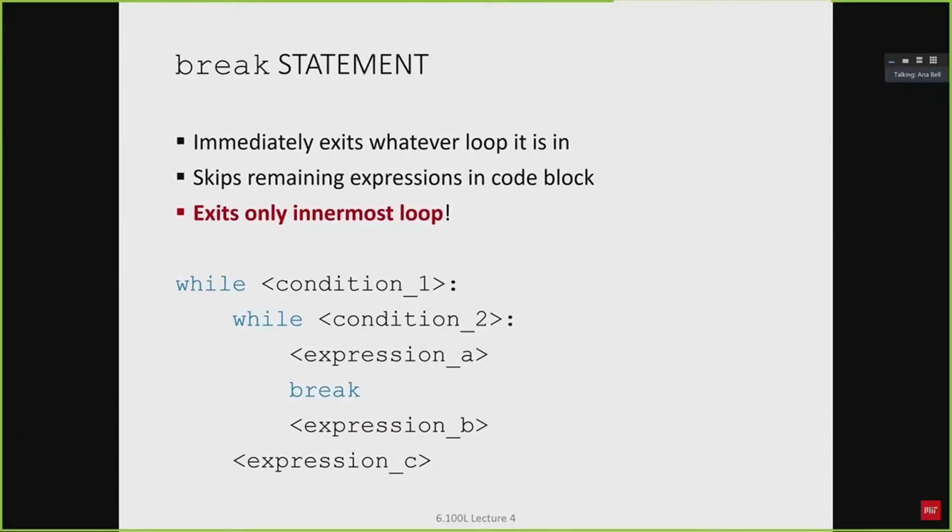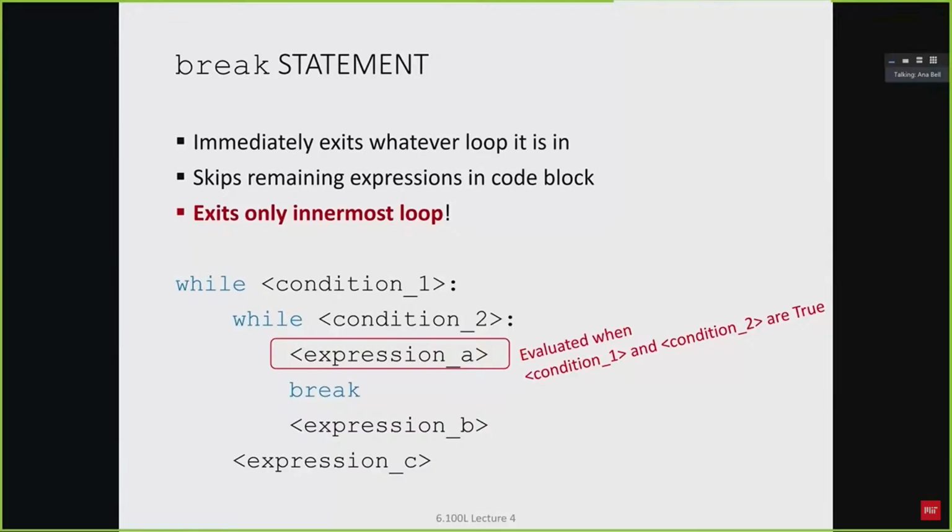So here's a little example of two nested while loops, so one while loop and then one nested inside it. The outer one is going to run whenever condition 1 holds, and the inner one runs whenever condition 2 holds. Okay? Now, expression A will evaluate when both condition 1 and condition 2 hold, right?